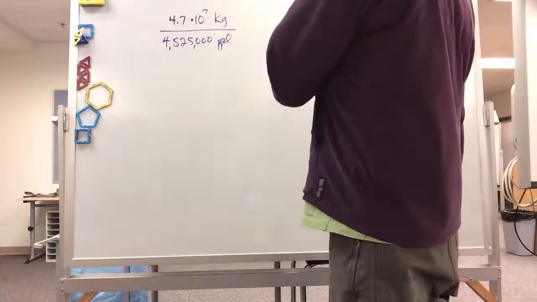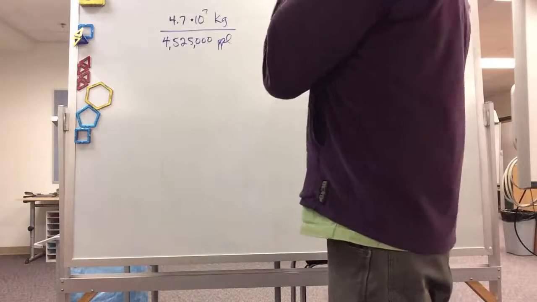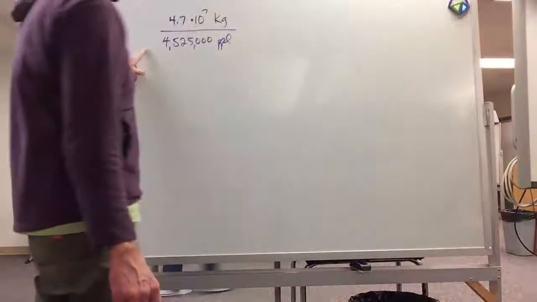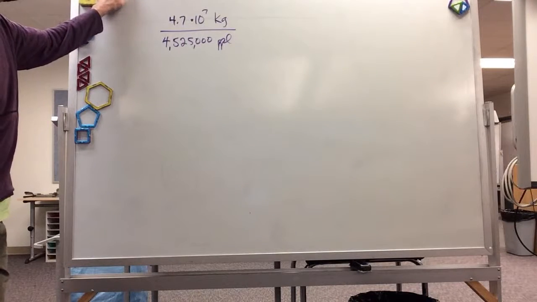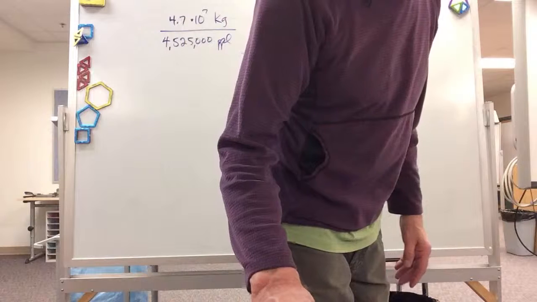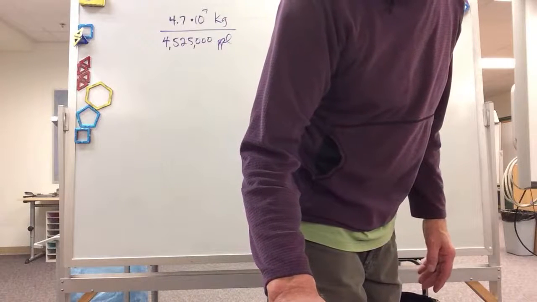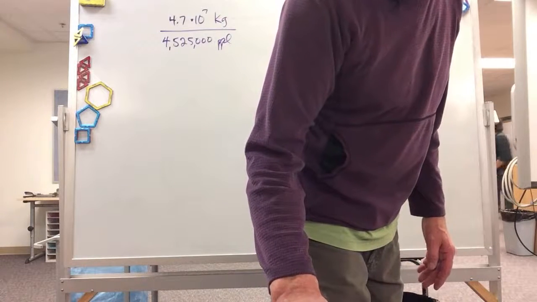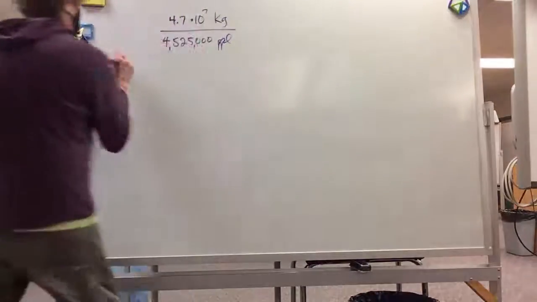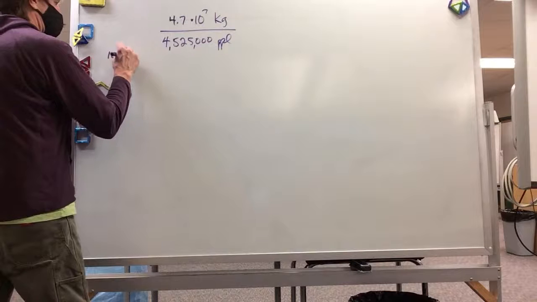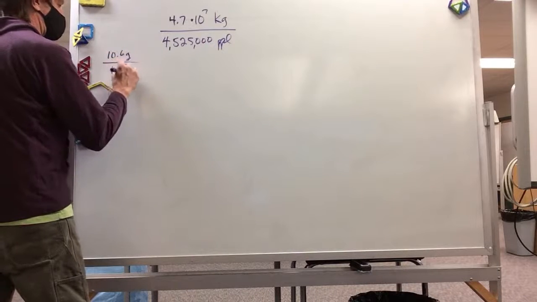Ooh. Well, if we did kilograms per person, then could we go, this is like a rate conversion, 10.6 grams of coffee per cup. So let's just write that down, 10.6 grams per 1 cup.